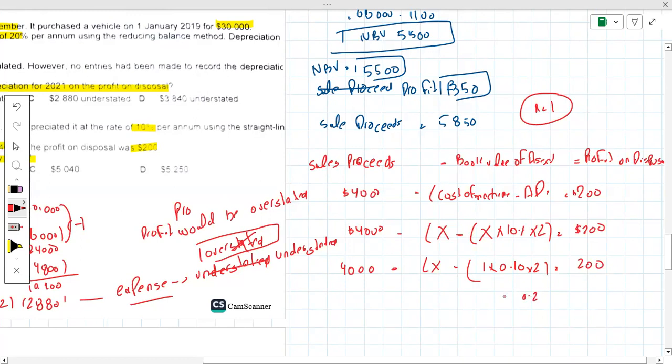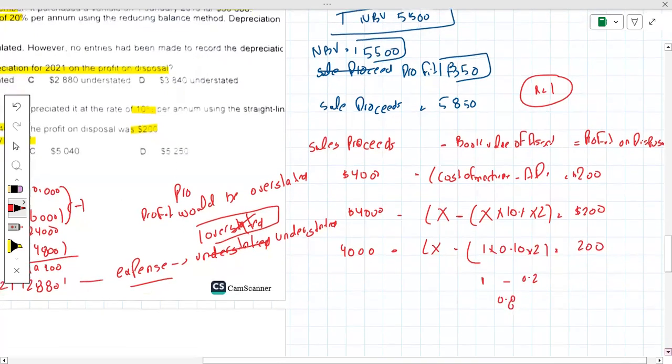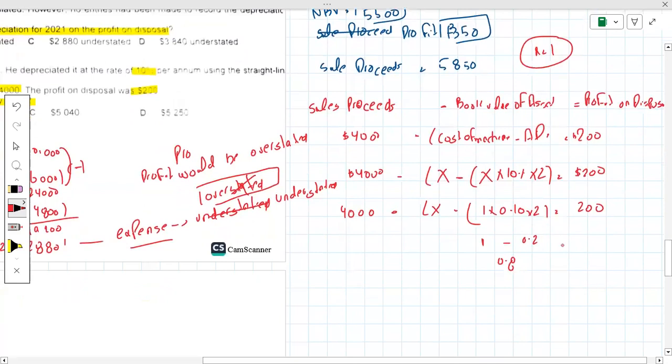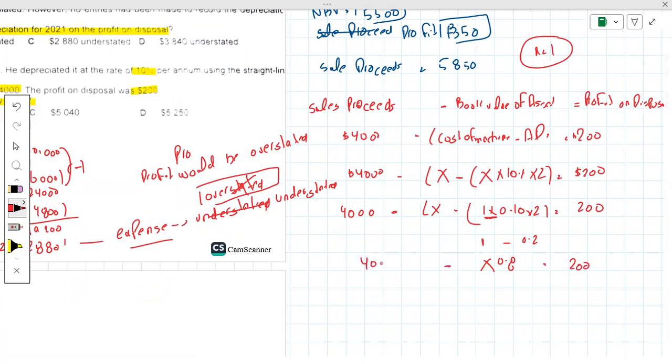Okay. And because minus X is equal to 1 again, 1 minus 0.2 is equal to 0.8. So we have the book value of the asset, which is 0.8X. X is the cost of the machine, is equal to 200 minus 4,000.